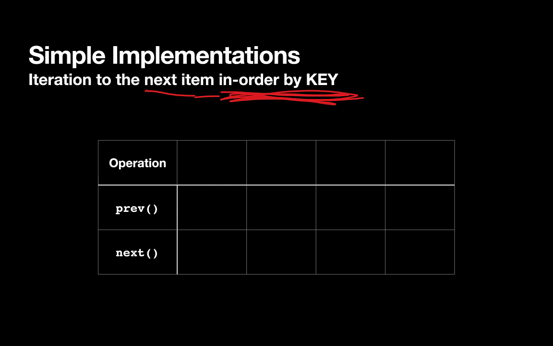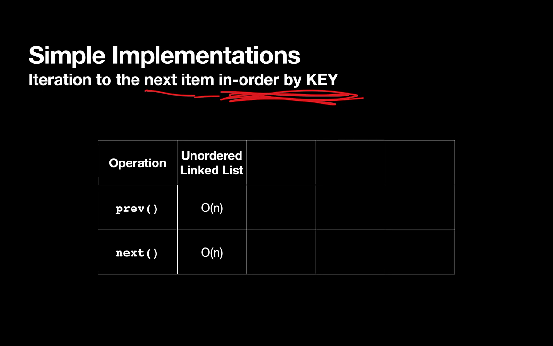So for our unordered linked list, our first implementation, just to find the very first item, either for previous, we'd start off at the maximum item and we'd have to go through all of our unordered data in order to find it. Or next, we'd have to find our minimum item to start with. And then once we found that minimum, we have to find the second minimum. So we'd have to iterate all of the data, finding something that's larger than the item that we're currently on, but smaller than every other item.